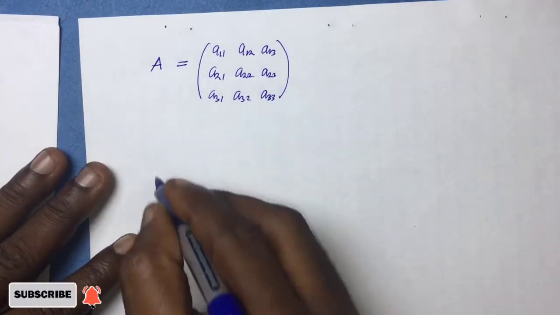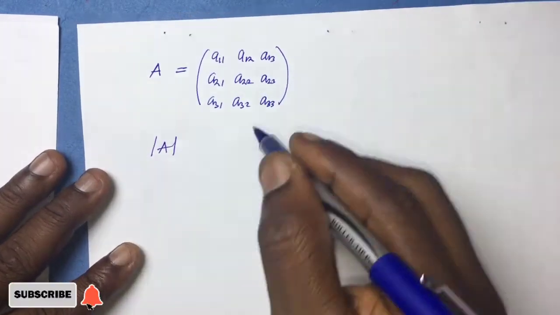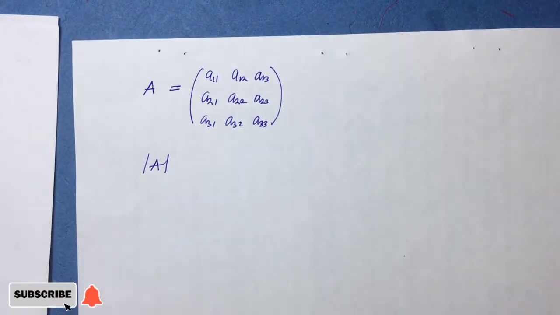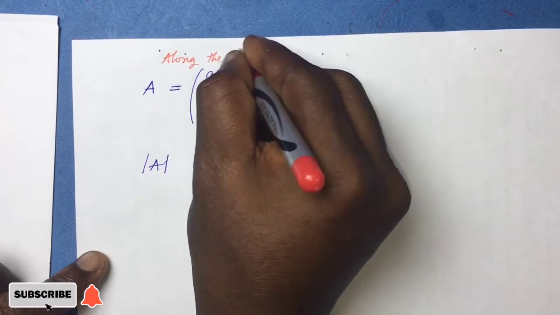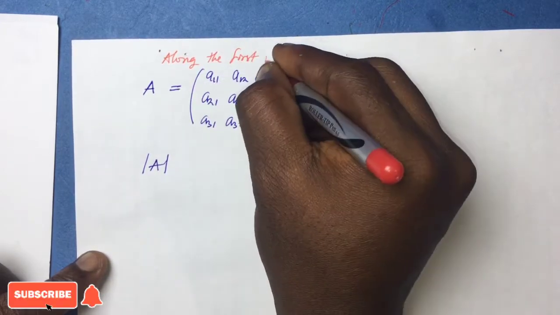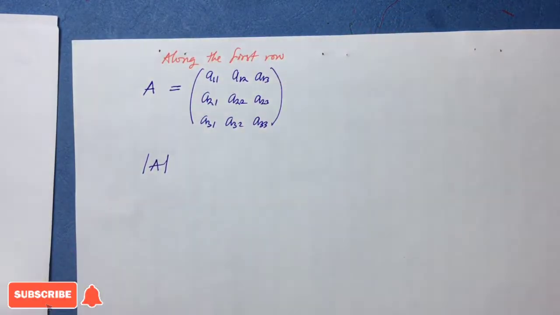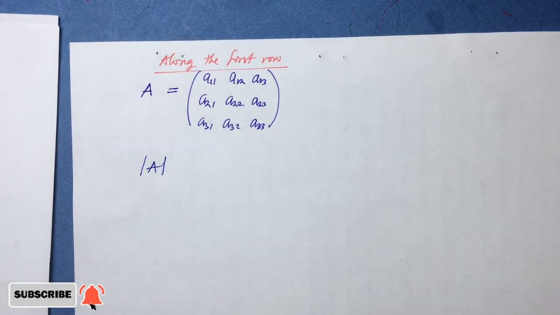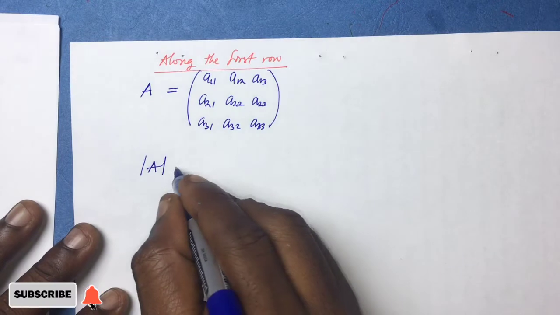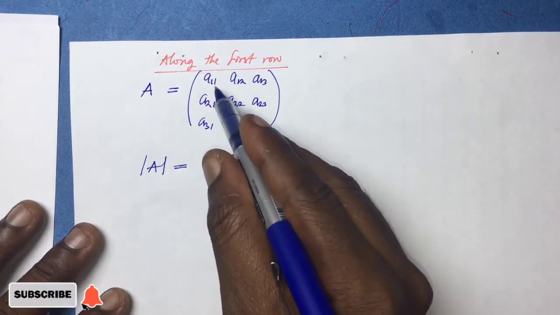Now, the determinant of A, let's start with taking it along the first row. Let's assume that we want to obtain the determinant of this matrix along the first row. All you have to do is look at the signs.